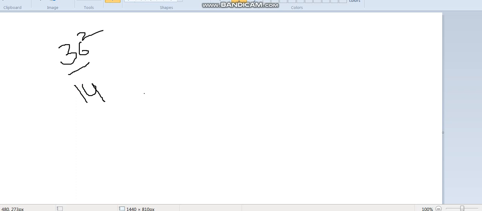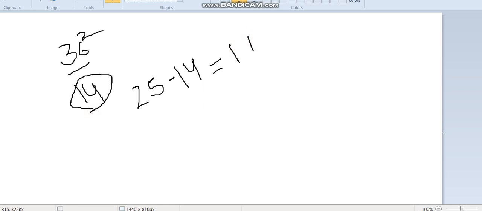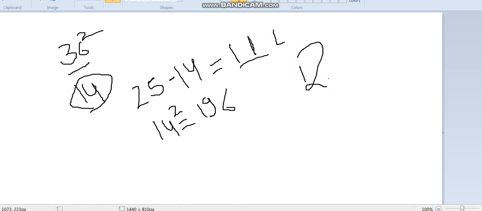This 14 will be subtracted from the base number, so 25 minus 14, and the answer will be 11. And the square of 14 is 196. This 11 is the left part, and this will be the right part.